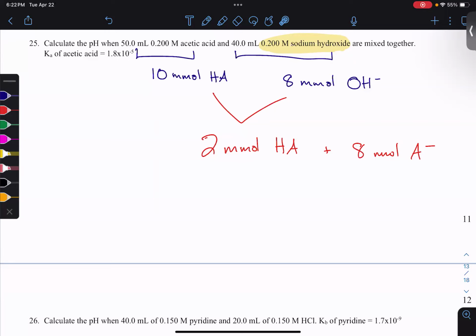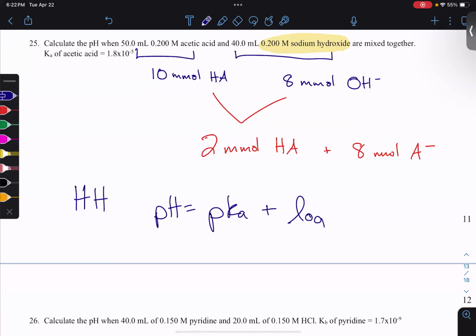It can't just be acetic acid and sodium hydroxide. It has to be the same conjugate acid-base pair. So the pH is equal to the pKa plus log base over acid, so 8 over 2. It's not 8 over 10. That's the important thing, because a reaction is happening.